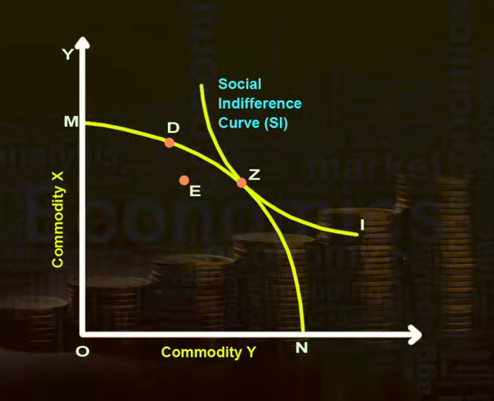Social welfare is maximum only at a point where both production efficiency and consumption efficiency coincide, that is MRT is equal to MRS. Here MN is the grand utility frontier and curve I is a social indifference curve. Point Z is the point of constrained bliss. Thus, social welfare is maximum at this point, which is Z.